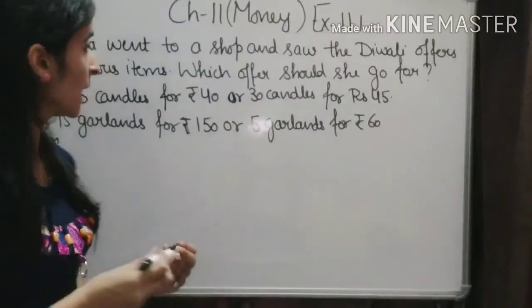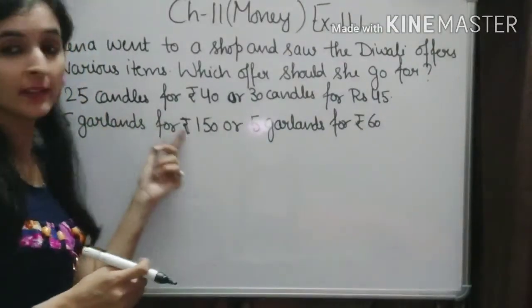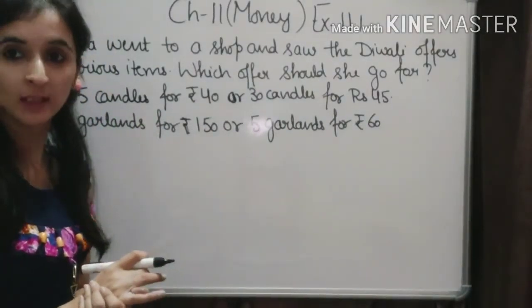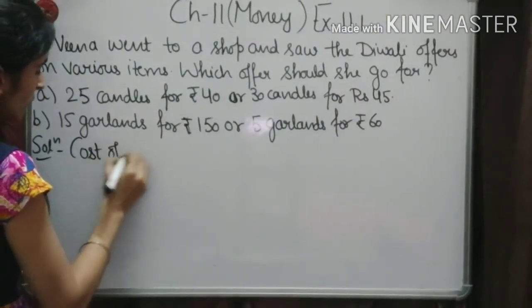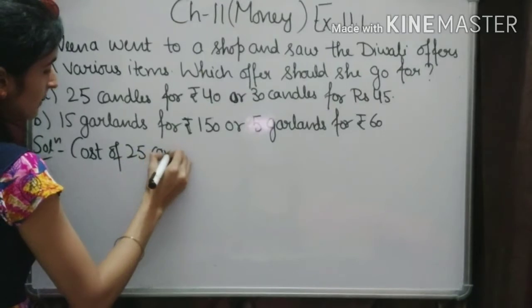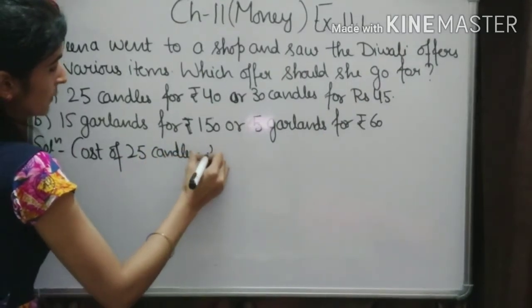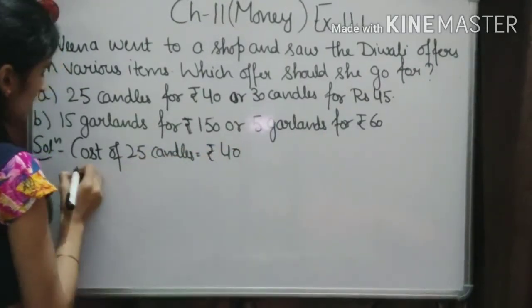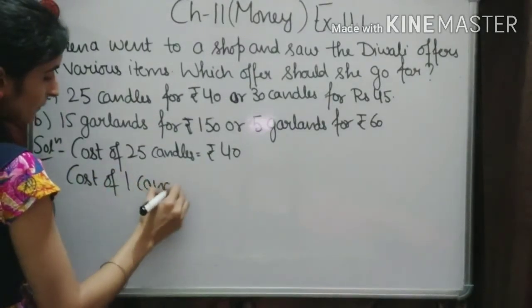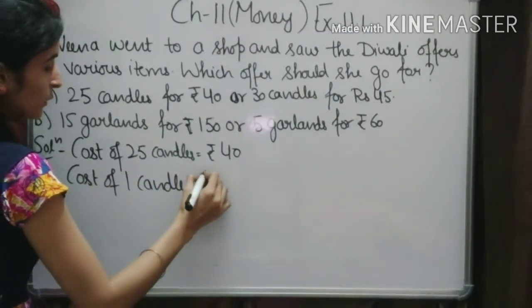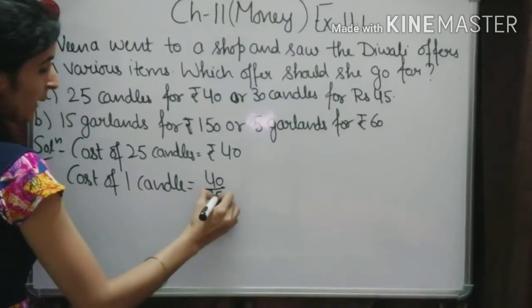First of all, we have been given here the cost of 25 candles, which is equal to rupees 40. So if I write here, cost of 25 candles is rupees 40, then cost of one candle will be equal to 40 by 25.